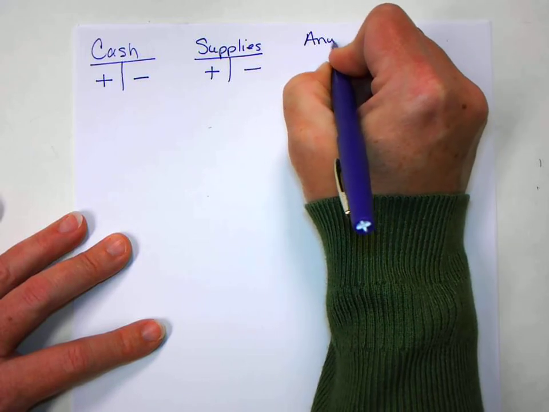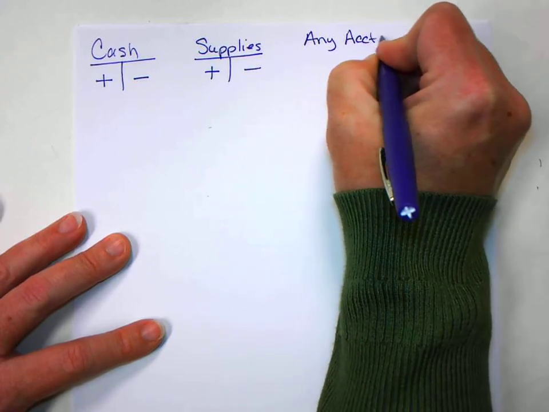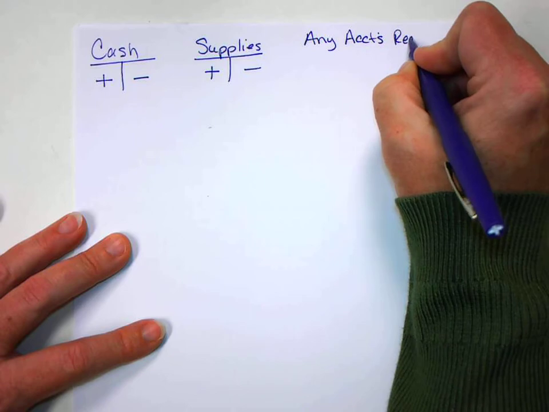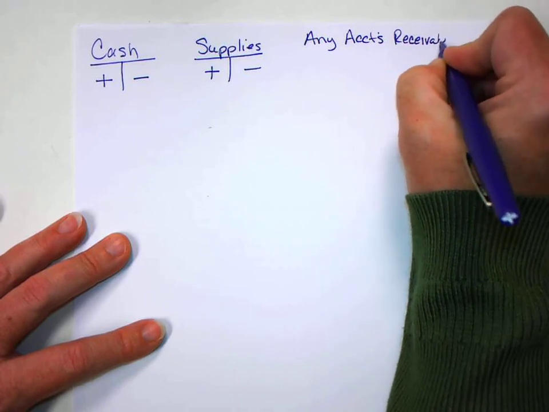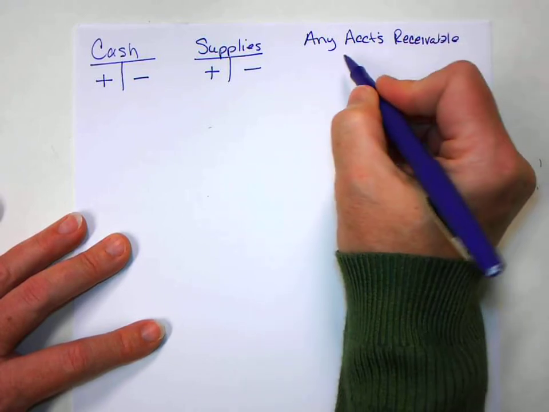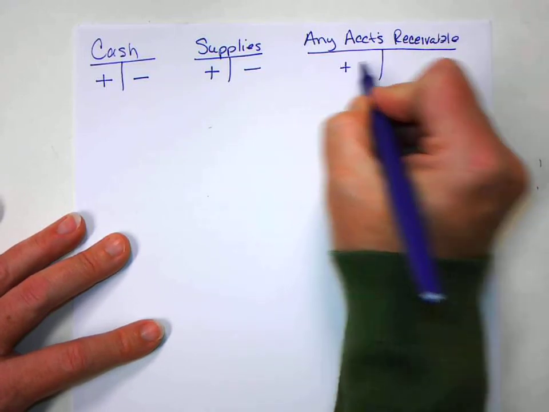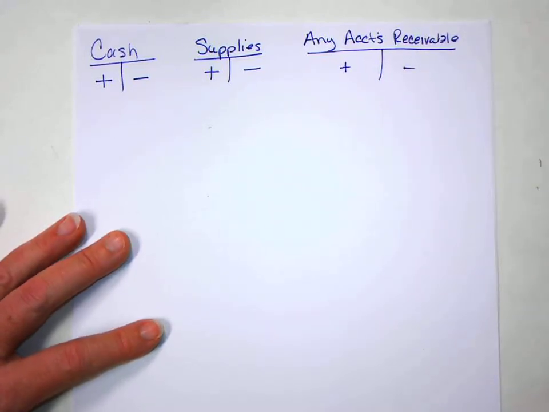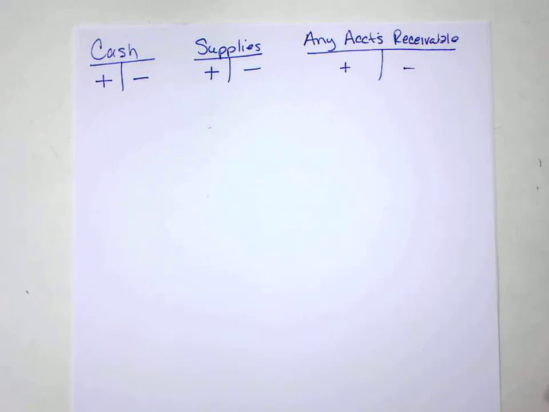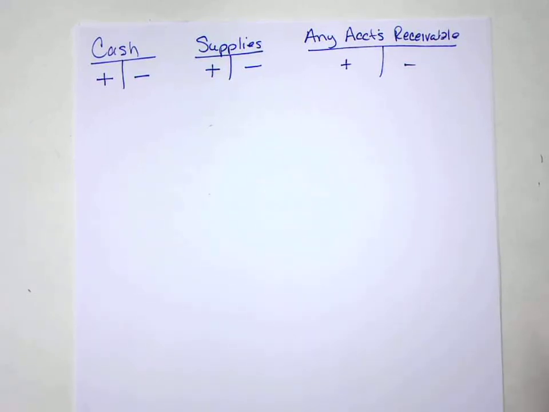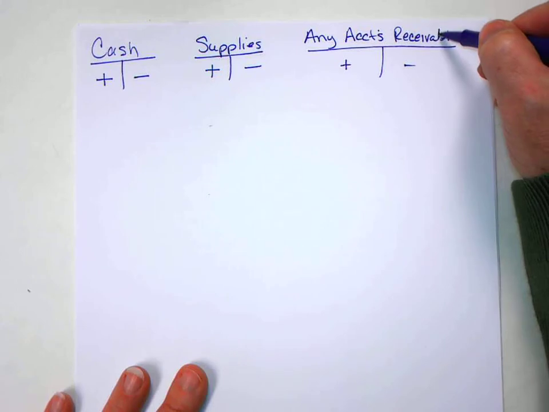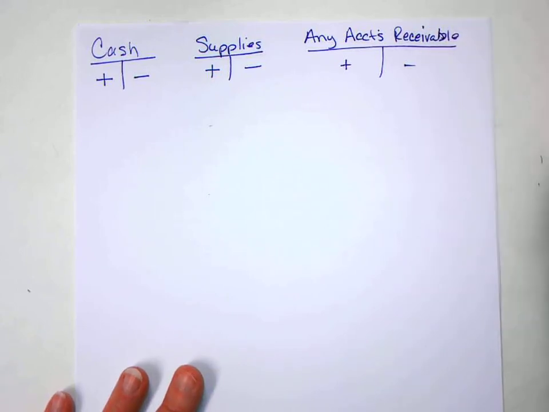And accounts receivable. Again, accounts receivable is an asset, and we'll have a normal balance of a debit.